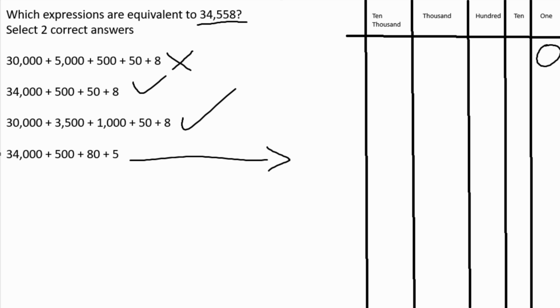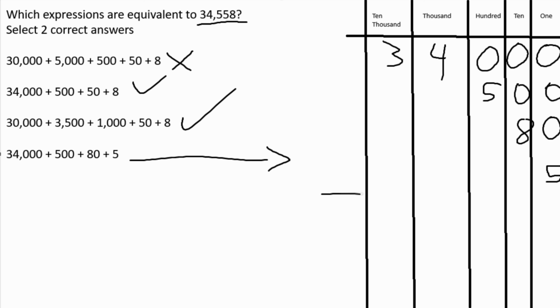First, we have the number 34,000. 0, 4 in the thousands place, and a 3 in the 10,000s place. We have a 500. Let's put that in our place value chart. We have 80. Then we have the number 5. Let's go ahead and add all these numbers up.